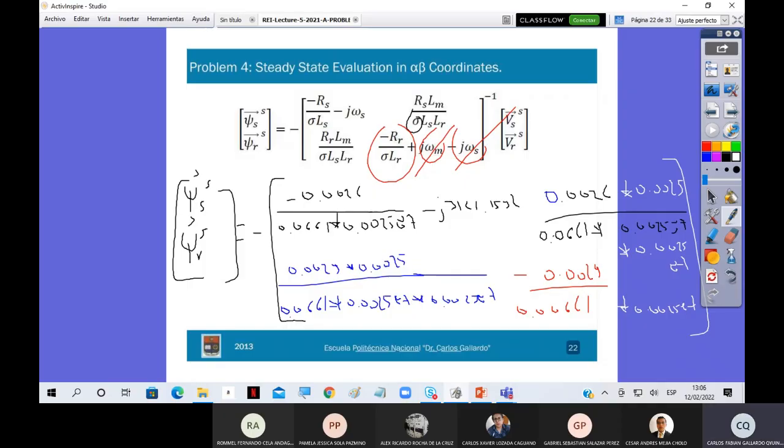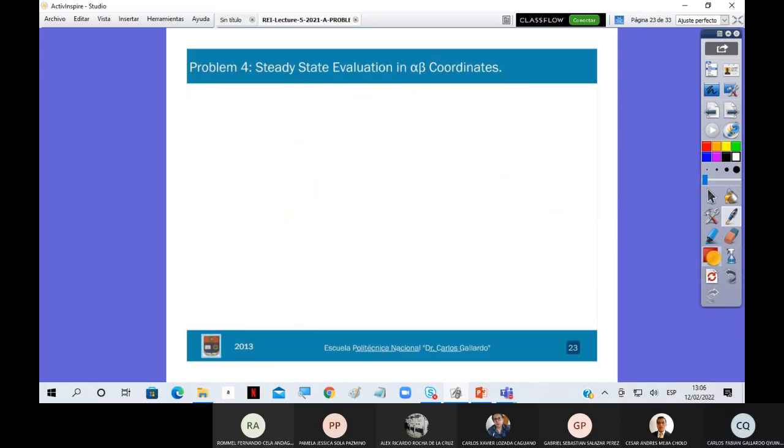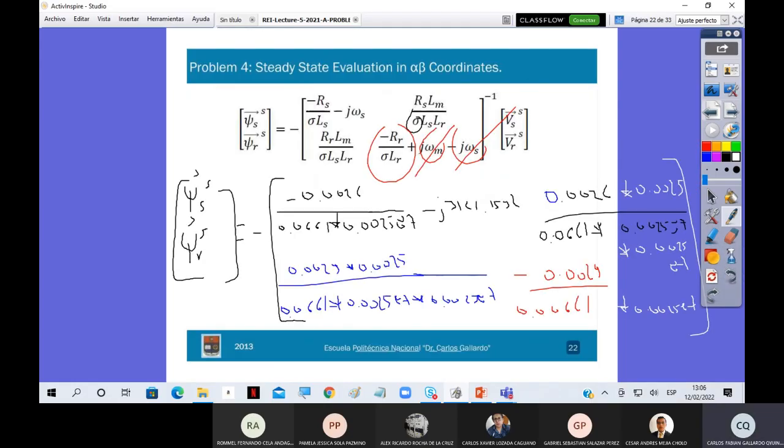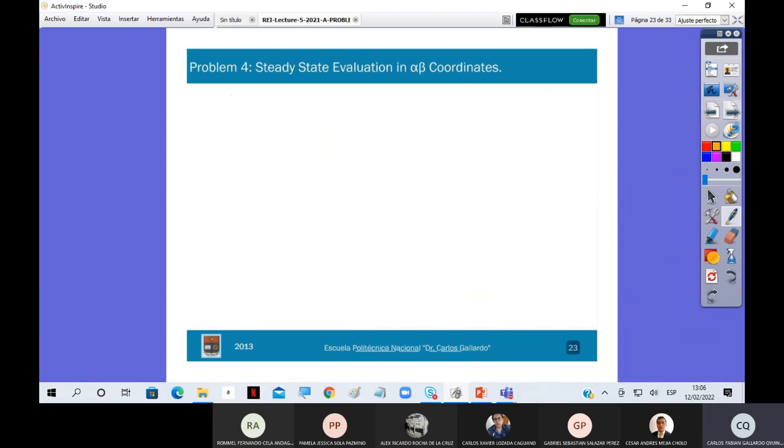This is the inverse, right? This is the inverse. So times the voltages. We have already computed the voltages, so continue here times the voltages.